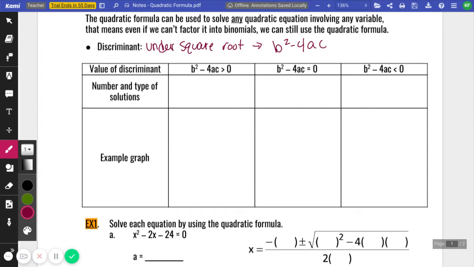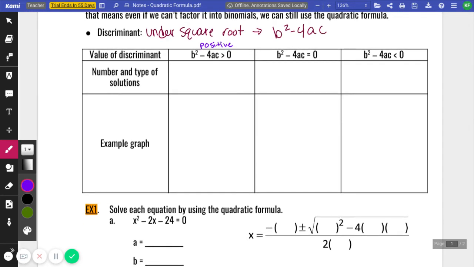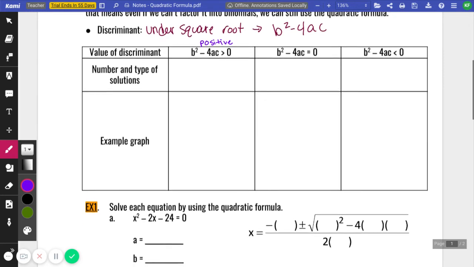So in this little chart, we're going to fill this in first. If my discriminant, b squared minus 4ac, is greater than 0, so whatever ends up under the square root in the quadratic formula is positive, that means we are going to have two real solutions, two actual solutions that we can get.